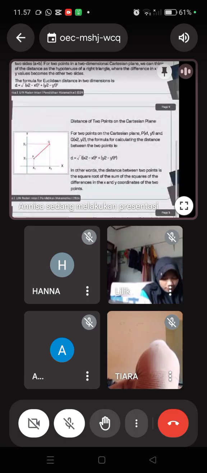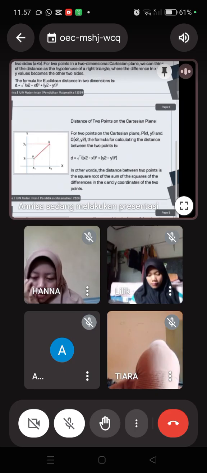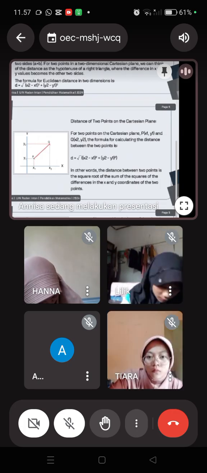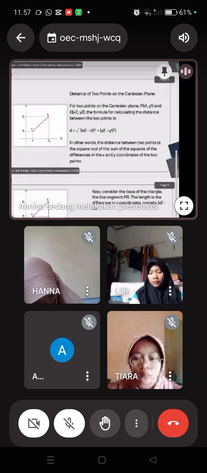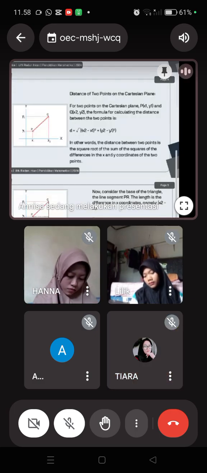Distance of the points on the Cartesian plane: for the points on the Cartesian plane, point P at coordinates x1, y1, and point Q at coordinates x2, y2, the formula for calculating the distance between the 2 points is d equals the square root of (x2 minus x1) squared plus (y2 minus y1) squared.